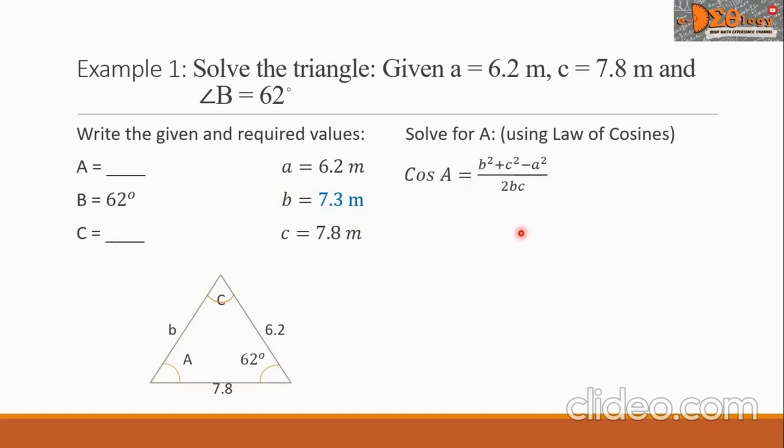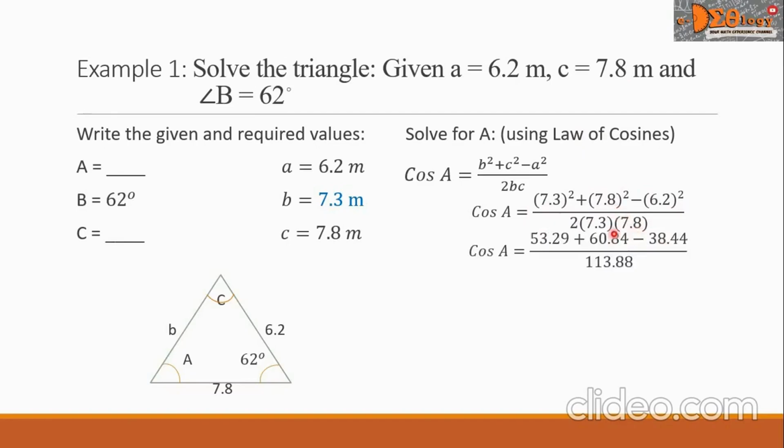Let us now substitute the values. So the cosine A equals 7.3 squared, then plus 7.8 squared, and minus 6.2 squared. Then all over 2 times the 7.3 times the 7.8.